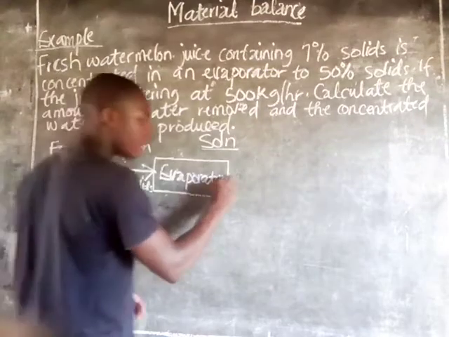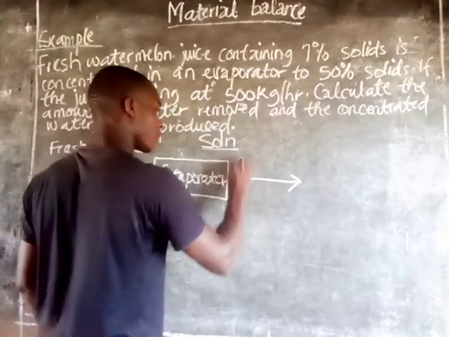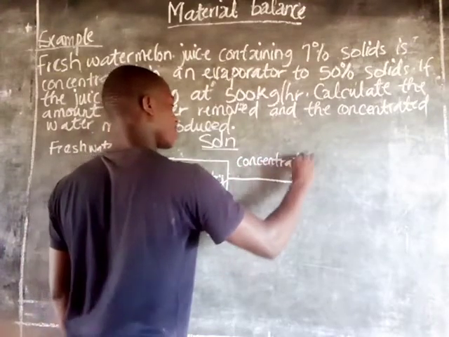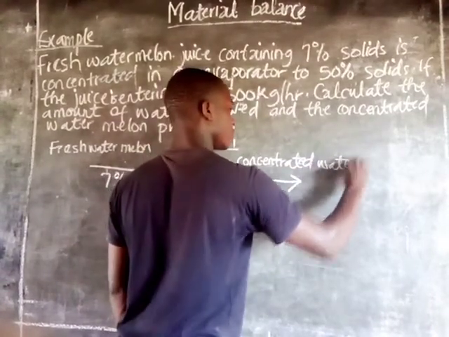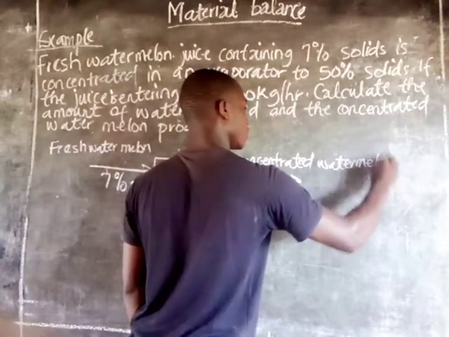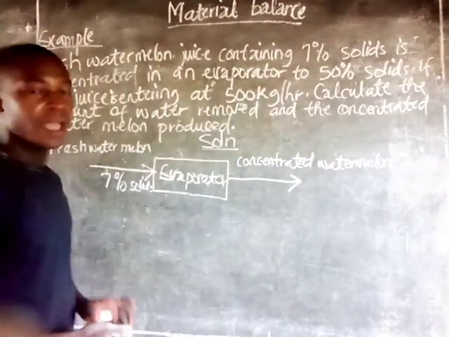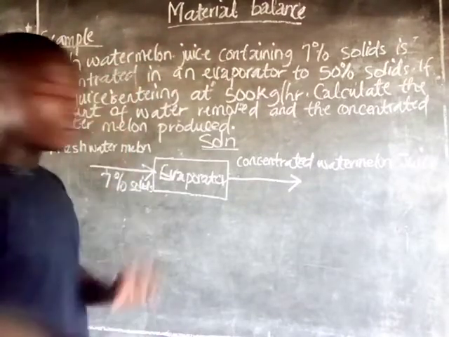So what came out was concentrated watermelon juice. And then the amount of water that was removed.